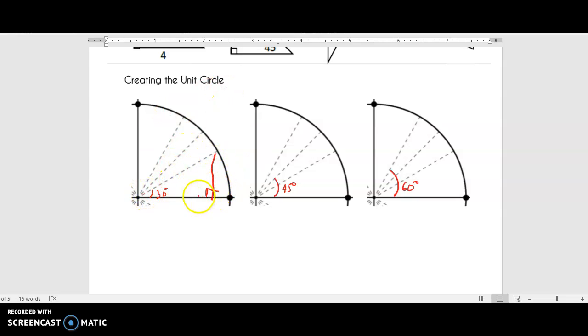It's not a perfect line, but you can make it out. In this triangle, this is 30 degrees. And this is a unit circle, meaning the radius is 1, right?